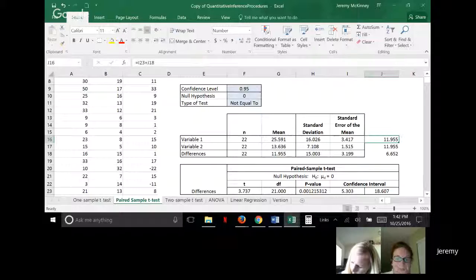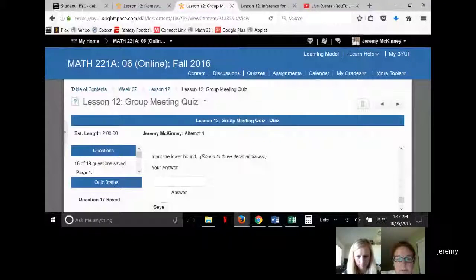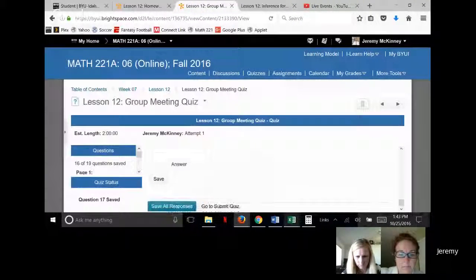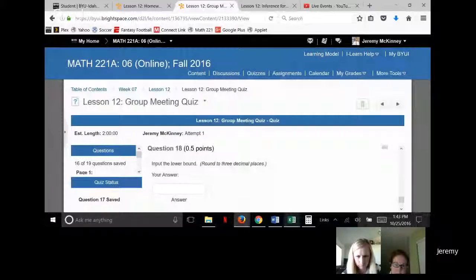And then you take that number divided by 2. Okay. And then the lower bound and the upper bound that's on there.